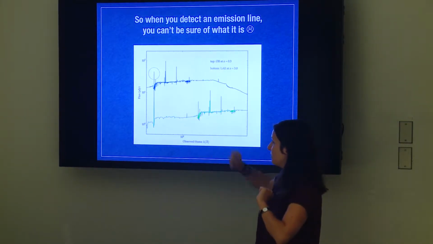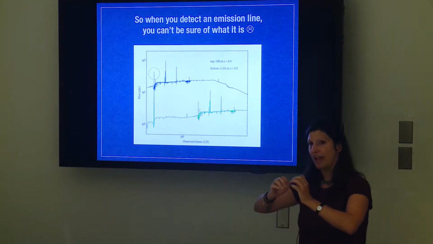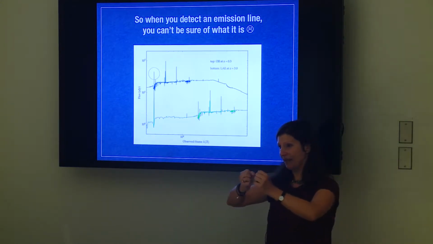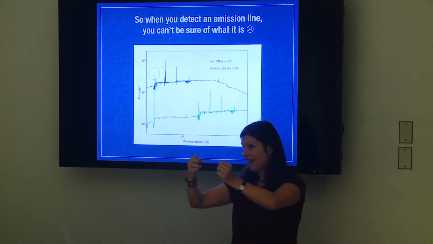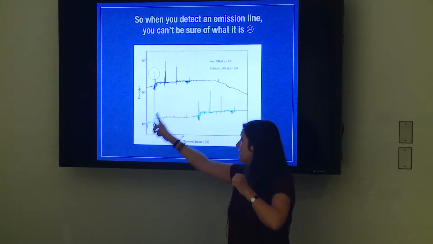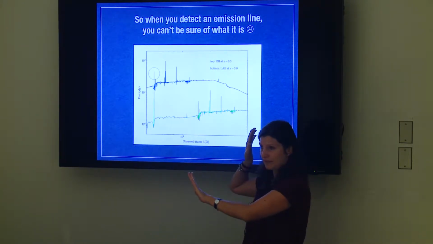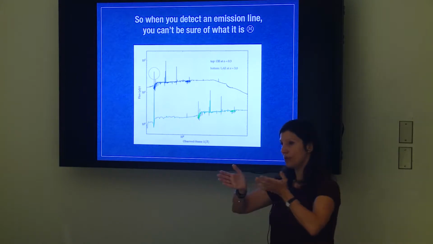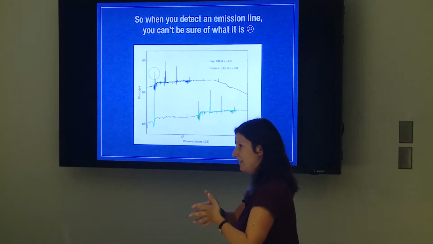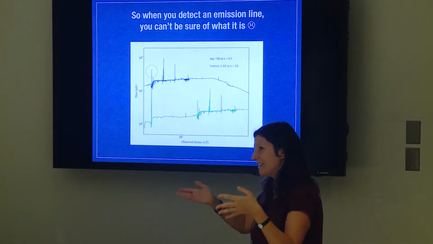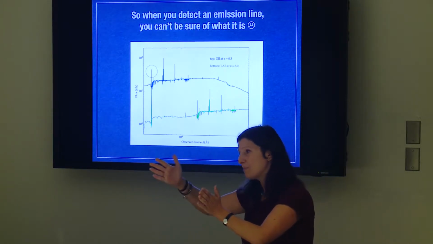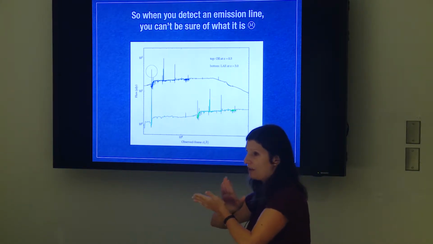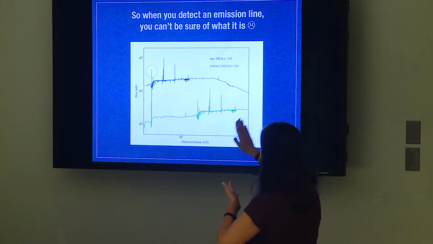When you apply this to a spectrum, this means that the spectrum of a distant galaxy has been stretched, and as the spectrum stretches, the emission lines shift. They may be observed at a wavelength that is much, much larger than the wavelength of the actual emission. Here I have an example.